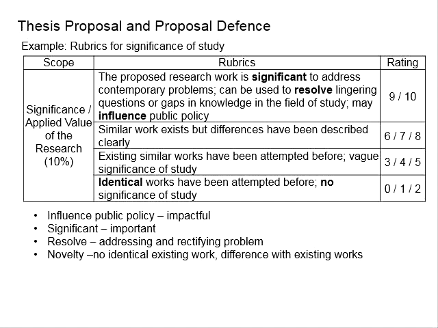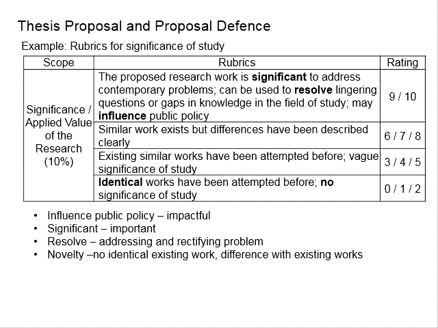Now let us look into the meaning of every single word, which you can try to interpret. First, novelty. That means no identical existing words. There will be differences with the existing words, as reflected in the statement in the rubrics. Resolve.